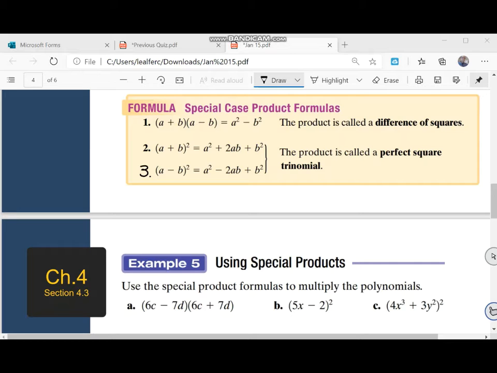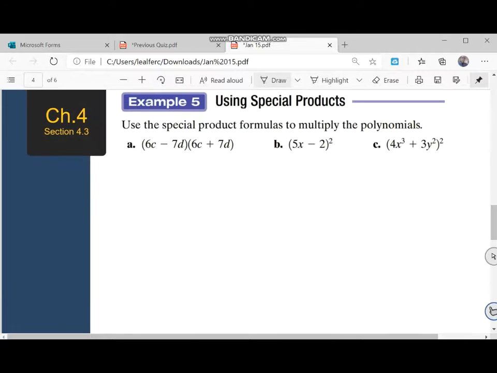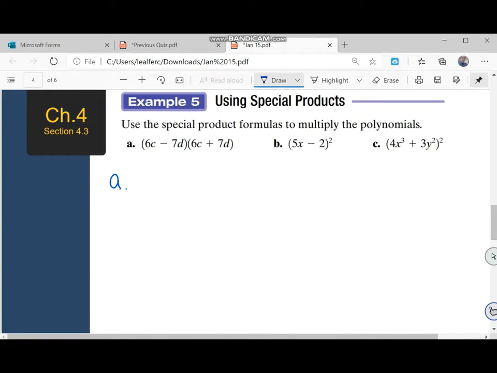And let's check how to work on a few examples, okay? So we have here a few examples. Let's apply. The first one, letter A: 6C minus 7D times 6C plus 7D.